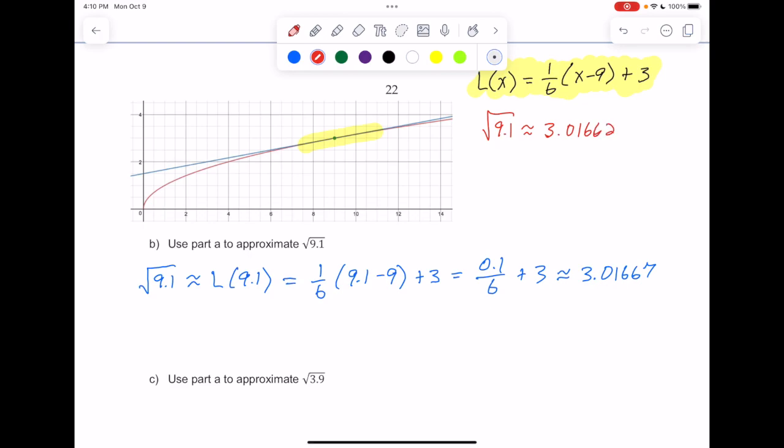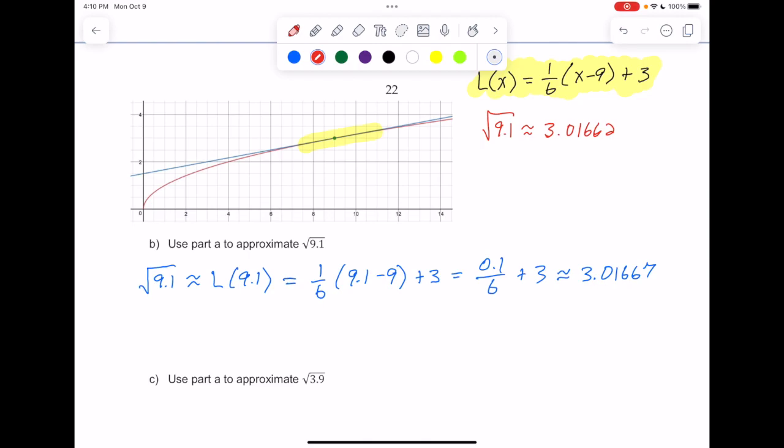So notice that the first 5 digits of those are the same, and it's that 6th digit where we first see a difference. So it's a really close approximation if we plug into the tangent line instead of plugging into the actual square root function. Sometimes I refer to this as broken calculator math.